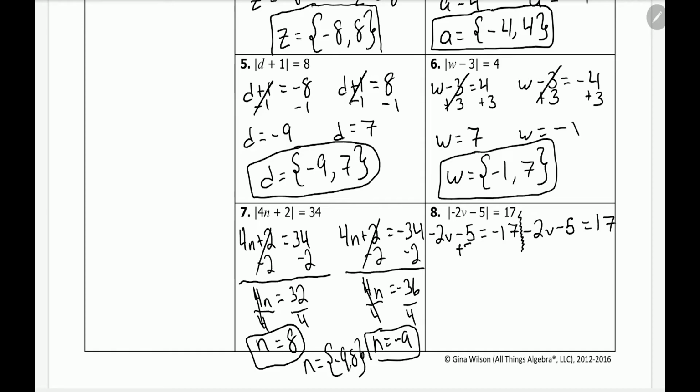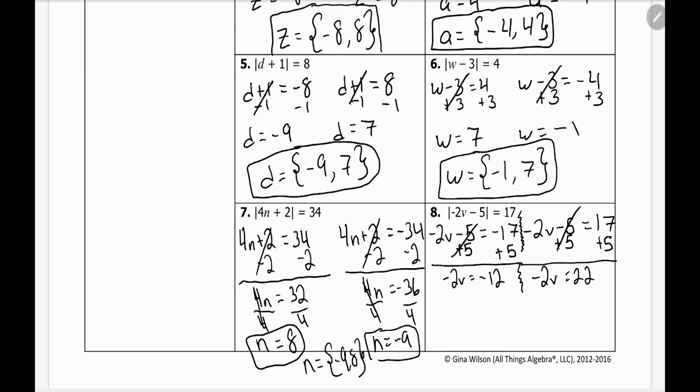Alright, first step. We add 5 to both sides. These cancel. And then we have to simplify just a little bit. So we're left with negative 2v is equal to negative 17 plus 5 is going to be negative 12. Negative 2v is equal to 17 plus 5 is going to be 22.